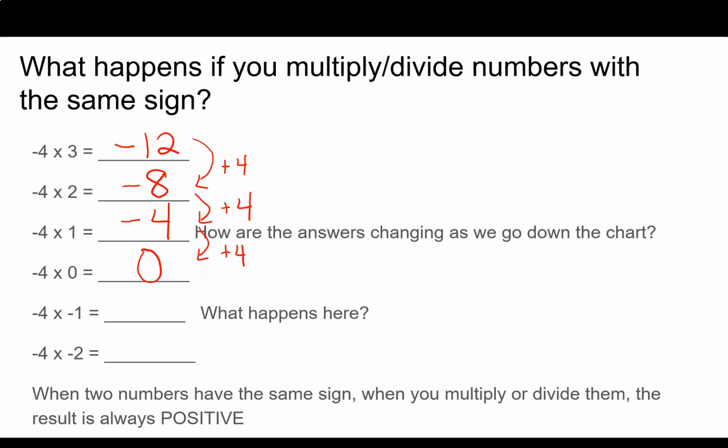So now if we continue that pattern, negative 12, negative 8, negative 4, 0, if I did negative 4 times negative 1, it would make sense that I have to add 4 to my previous answer, so it would be positive 4. So what happened here? The sign went to positive.